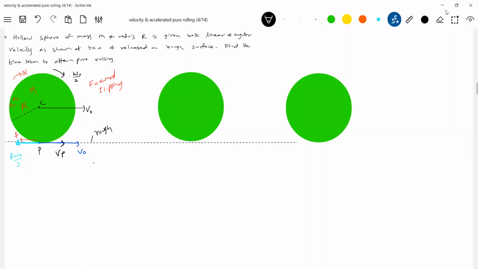Same idea as the previous problem we did. Here it will have velocity V1, angular velocity omega 1.